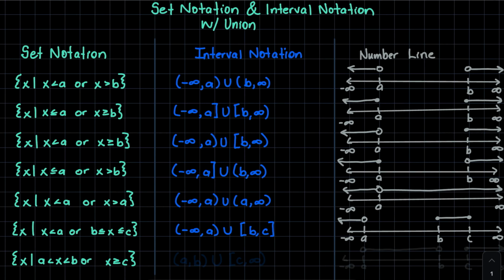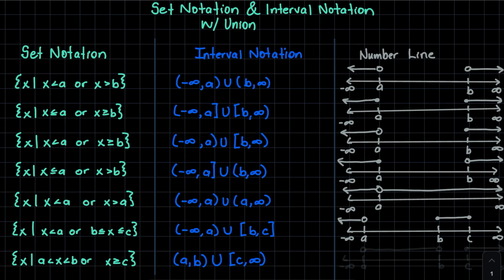Okay, our next set, X such that A is less than X and X is less than B, means X is strictly between A and B not included, or so union, X is greater than or equal to C. So that means C to infinity with C included.